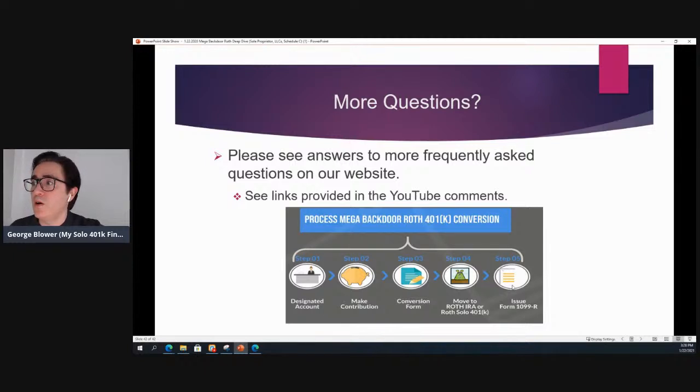We've got another question here. Can you talk a little about Solo 401ks with a loan component? Sure. You have to have a 401k plan that allows for a loan feature. It has to be properly documented, so at the time that you take it, you have an amortization schedule and the note.